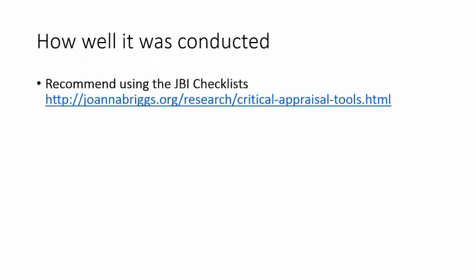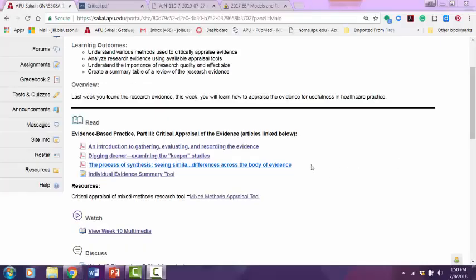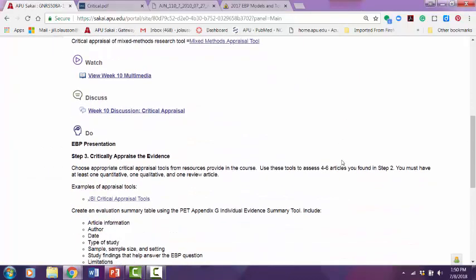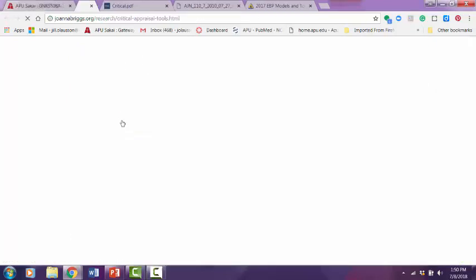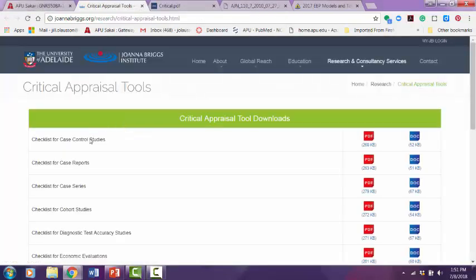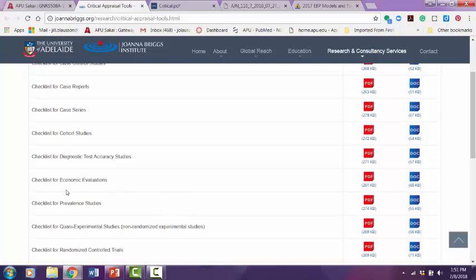So for your critical appraisal tools, I really recommend that you use the JBI checklist. The reason why is because they really give you a clear choice of which one to use. So this is week 10, go into these tools here, you have one for case control study, case reports, case series, cohort studies, economic evaluations.